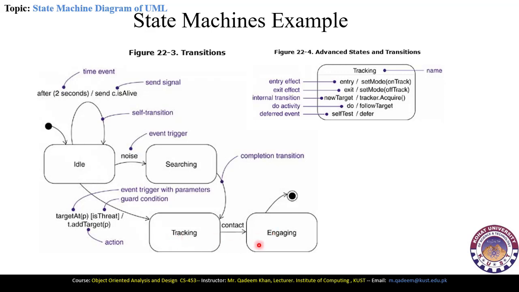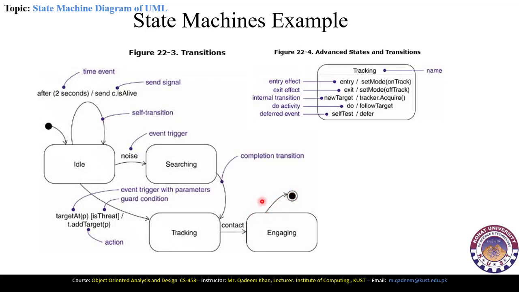And if there is noise, then after searching, when the searching state is completed, the tracking state will be called here. It will track the target. And after tracking, the engaging state will be called here. By engaging, we mean that it will hit the target, or fire over the target. And after firing, again the system will be in the pending state.